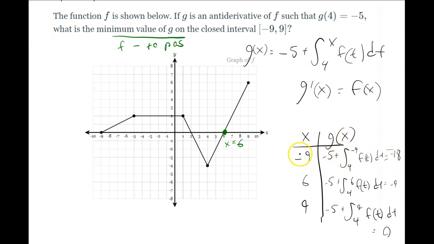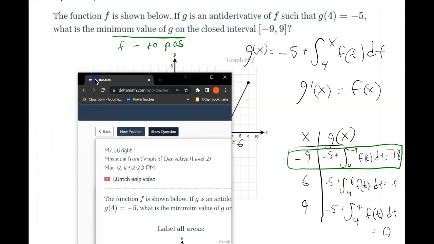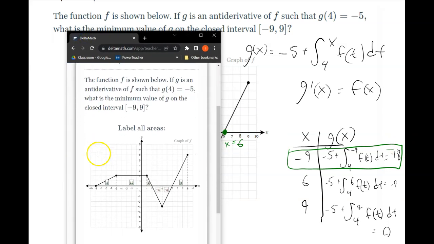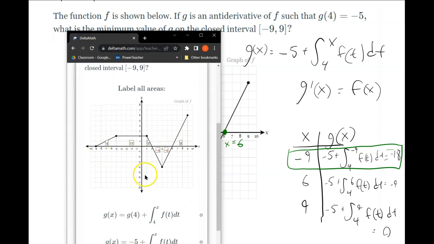So my minimum value here by the candidates test would be negative 18. Okay. And if you're unsure how I got that, I'm just using my area formulas. Well, actually, I'm just copying from Delta Math, full disclosure, but they did it this way. And notice we have one integral that's in the incorrect order, right? So I would negate this one and add. So feel free to annotate your graph if that's helpful to you.